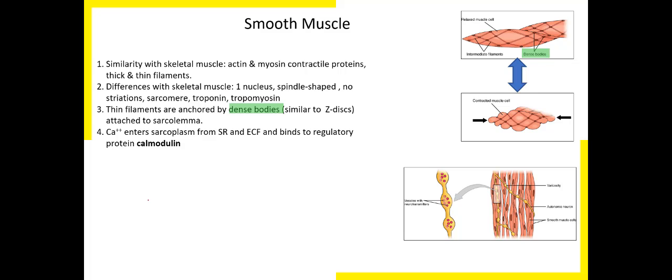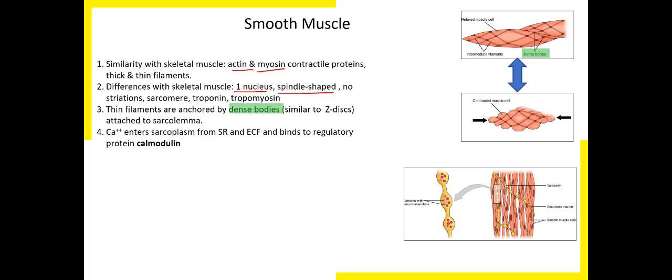In terms of smooth muscles, they don't have those bands of light and dark, so they look smooth. They have some similarity with skeletal muscle in that they also contain actin and myosin, thin and thick filaments, but they're different because they only have one nucleus.